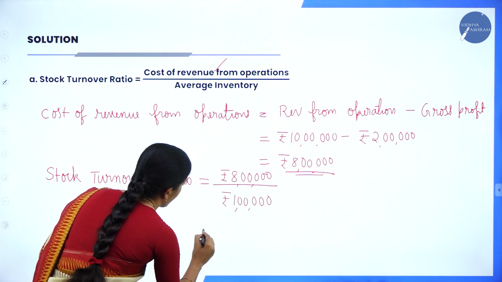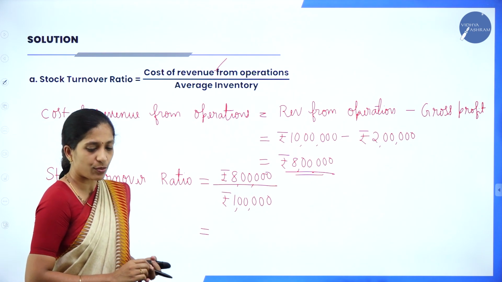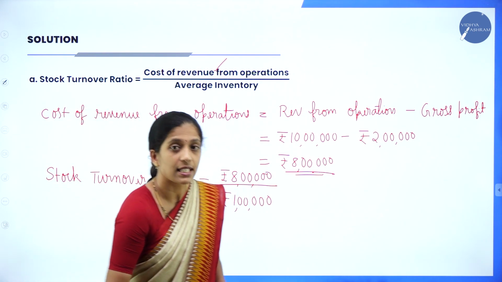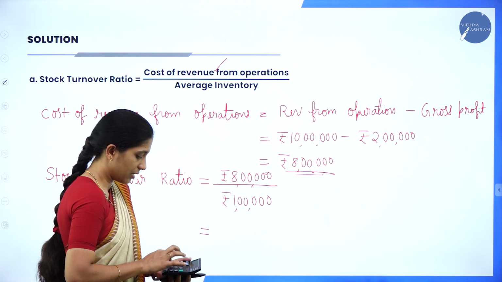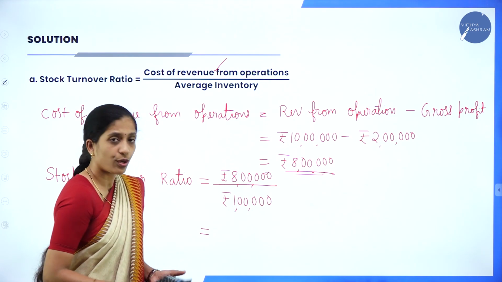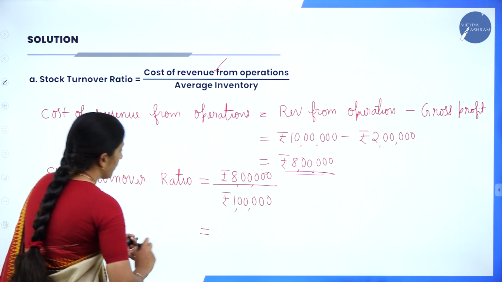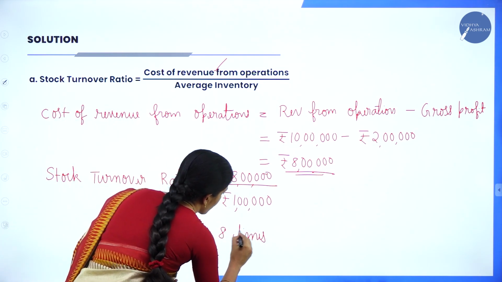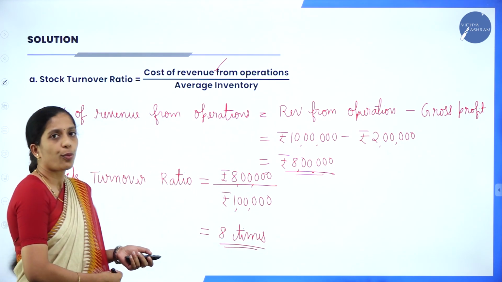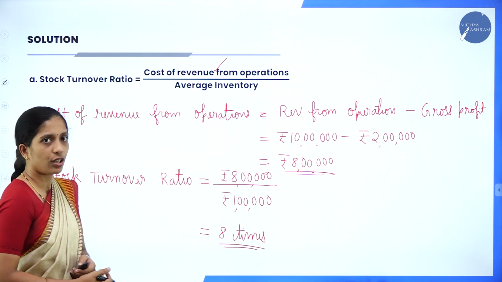So 8 lakh divided by 1 lakh, we will get 8 times. This has to be measured in terms of times. So, 8 times. Hope you are clear about stock turnover ratio.